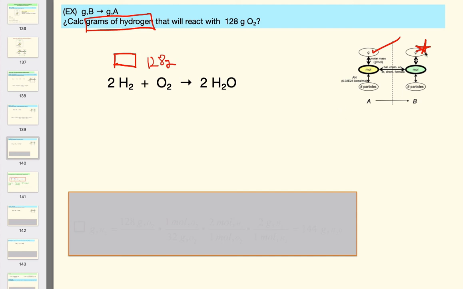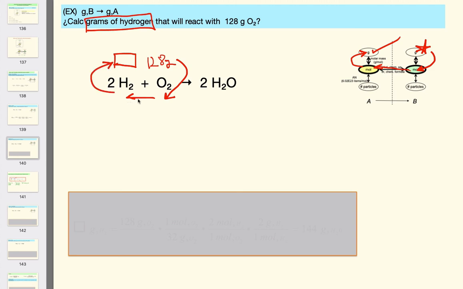Okay, very quickly I can see I'm going to go from grams of O2 to moles of O2, moles of O2 to moles of H2, moles of H2 to grams of H2, putting it on our equation. From grams of O2 to moles of O2, from moles of O2 to moles of H2, from moles of H2 to grams of H2.